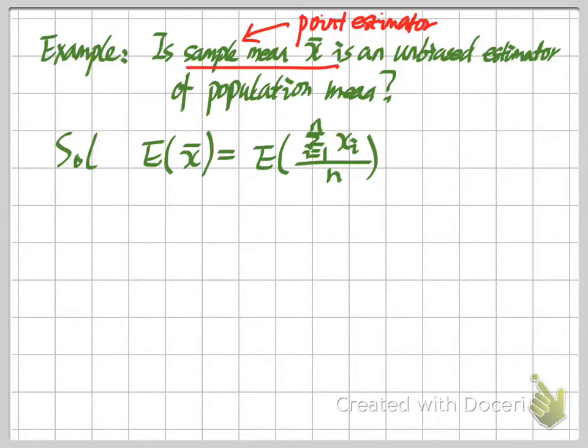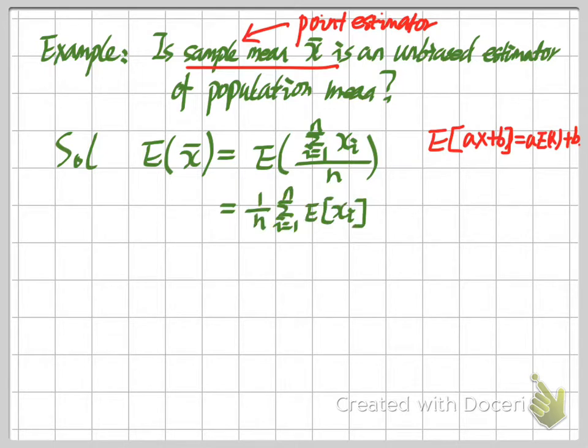Here we have the linearity of expected value. In other words, the mean of aX plus b is equal to a times the mean of X plus b. Using this property, this is equal to the summation from i equals 1 to n of the mean, divided by n. So we can write this as this equation.